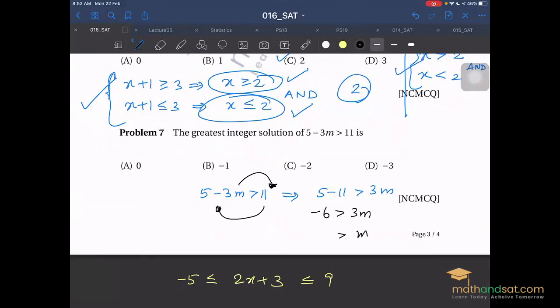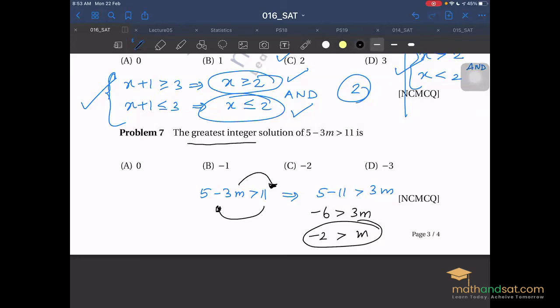Your m is less than minus 2. Am I right? Now, can you represent this on the number line and find out what the answer is?